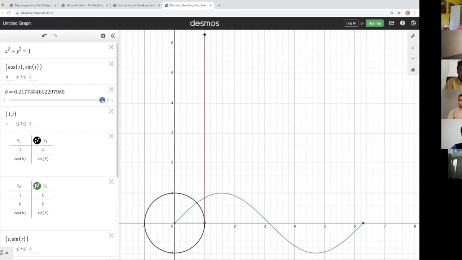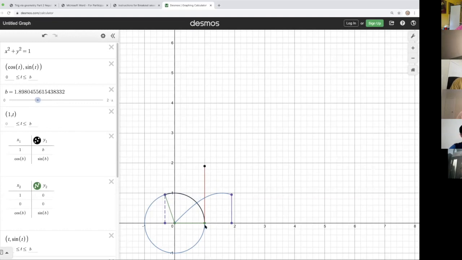So I have a slider for B. B is driving the bus. All the pictures, all the various elements of this configuration are all passengers on the bus. B controls everything. When I move B, it lengthens this vertical segment.